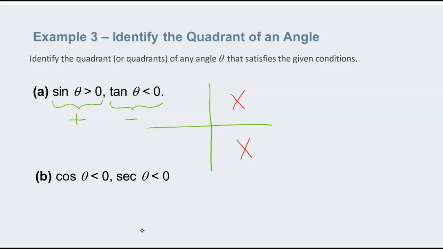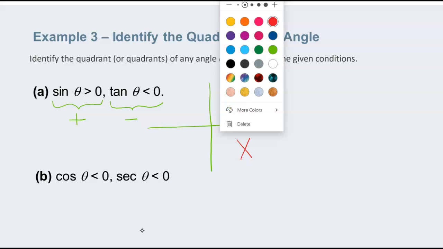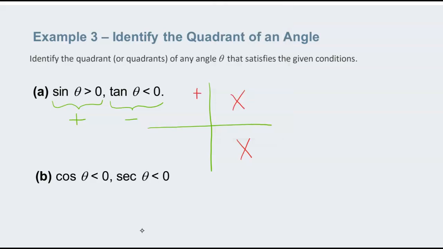The sine is positive here. And the tangent is positive here. So I think that based on the fact that the sine has to be positive and the tangent has to be negative, we're going to be in quadrant 2.